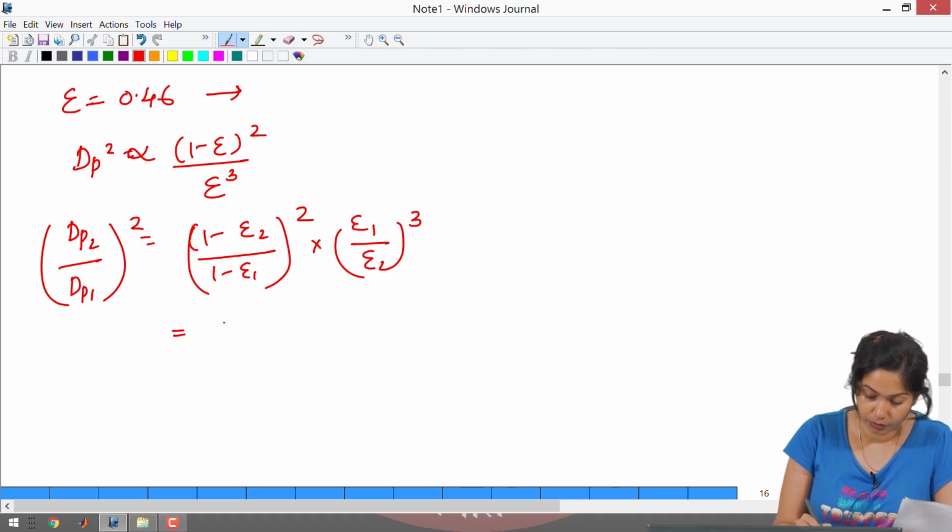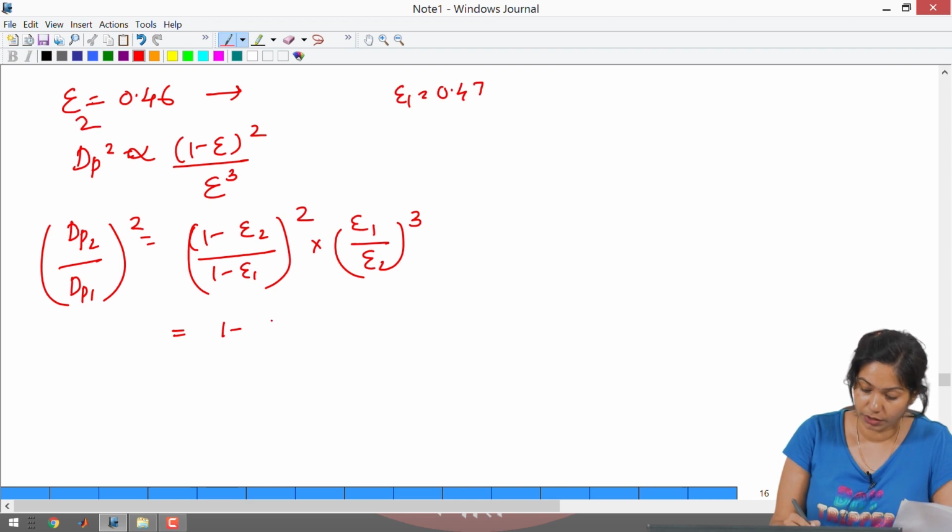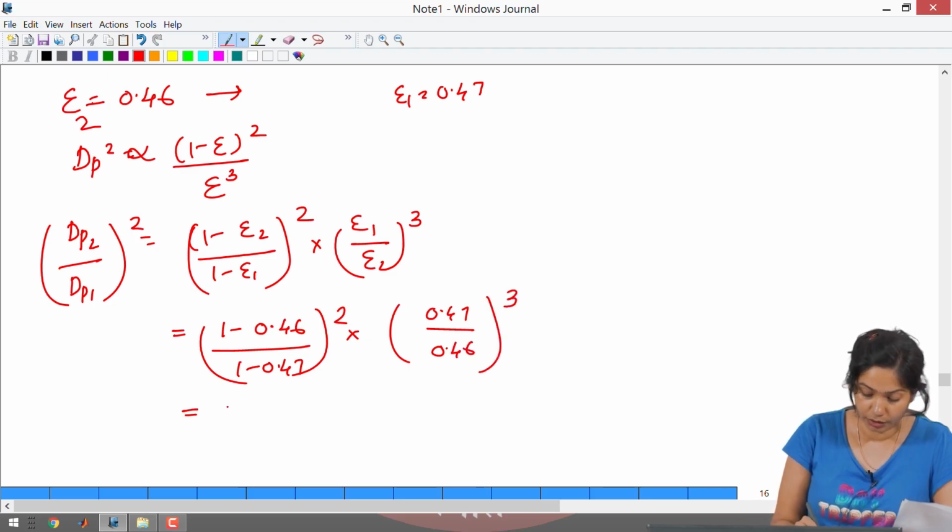Initially epsilon 1 equals 0.47 and epsilon 2 equals 0.46. So, (1 minus 0.46) divided by (1 minus 0.47) the whole square into (0.47 divided by 0.46) the whole cube, and you will get it equal to 1.086.